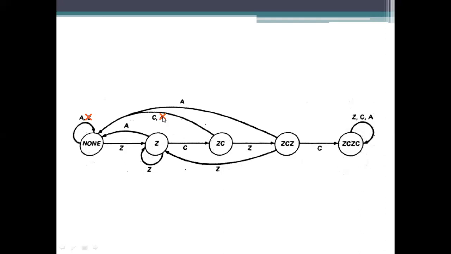To overcome this, we need to take the state symbol product into account.